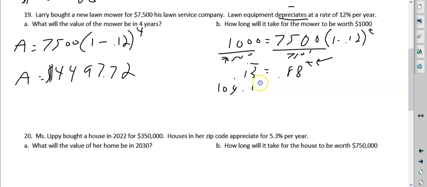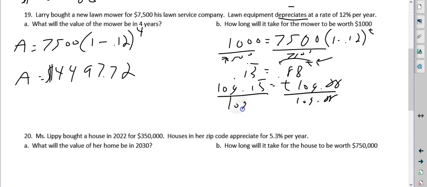So log 0.13 repeating equals, remember the t comes out in front, time times log of 0.88. So now to get this by itself, we're going to divide by log 0.88, and that will give us our answer.